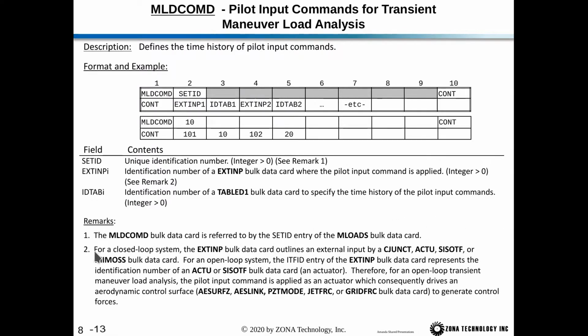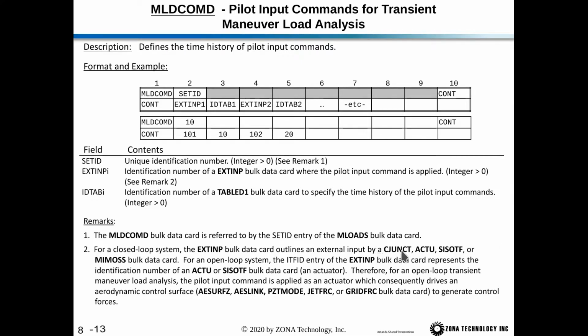And then as a note here for closed loop systems, as I said earlier, you could have an elevator which is actuated by both the closed loop control system and the pilot input command. In that case, you need a CJUNCT card which will add together the signals from the pilot command and the closed loop system.